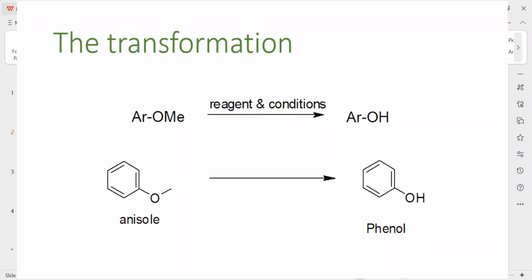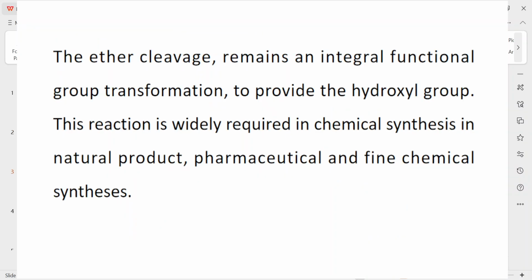So we are talking of demethoxylation of aryl methyl ethers, and this is the reaction which we are talking of, for example anisole to phenol. This is one of the most common reactions which the organic chemist comes across in almost 15% of the synthesis that he does.